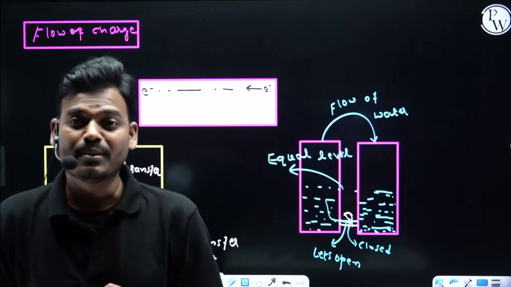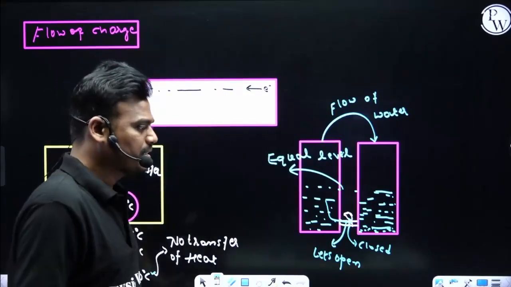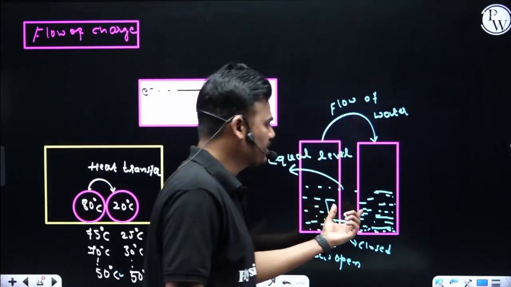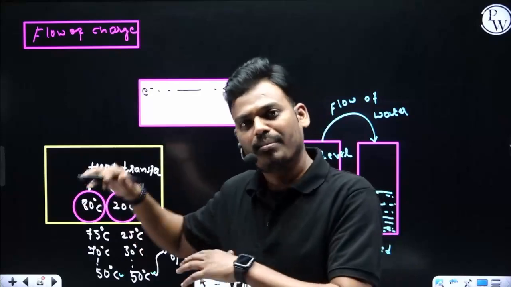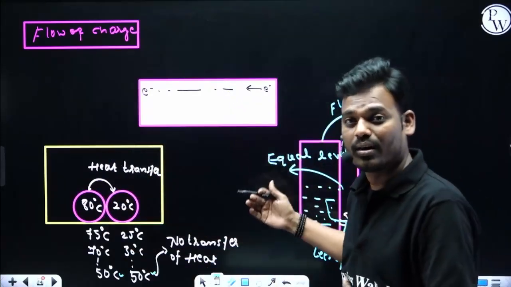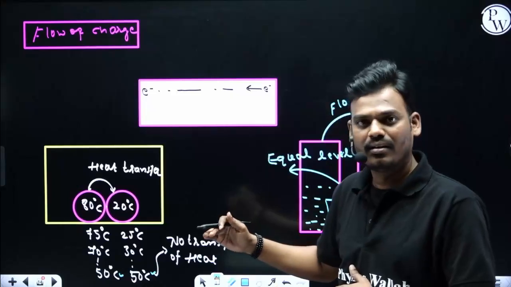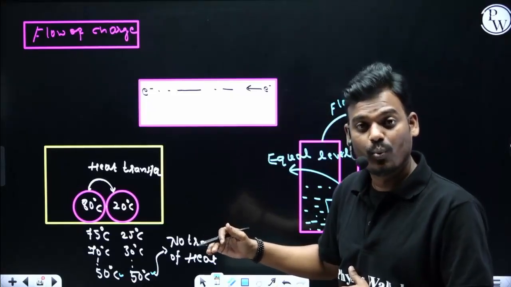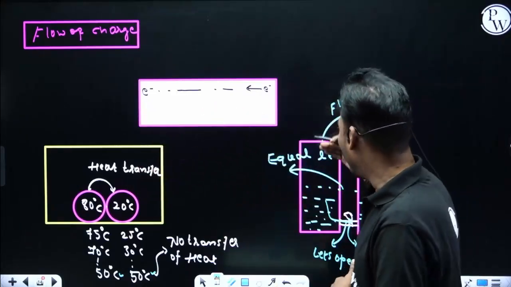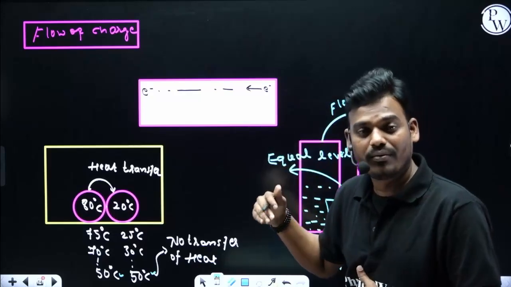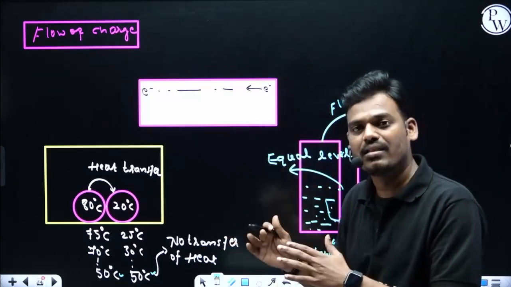But what is the reason? Once it reaches 50 degrees Celsius and once it reaches equal level, there is no transfer of heat or water when it reaches equilibrium condition. Why is there a transfer of heat? Why is there a transfer of water from one to another?